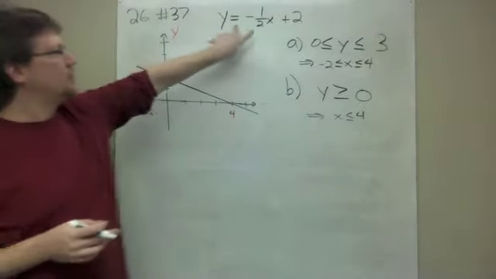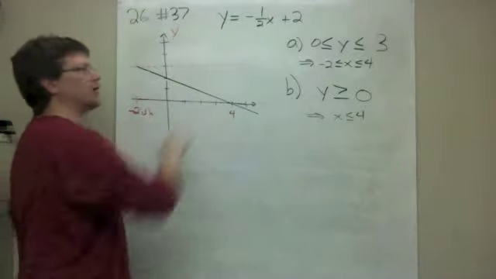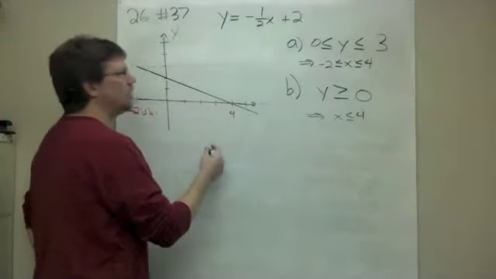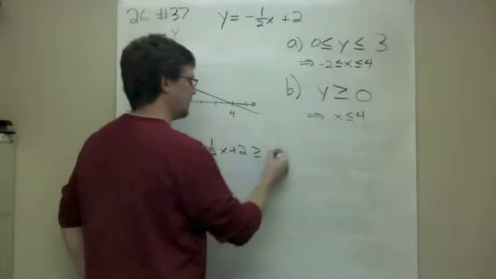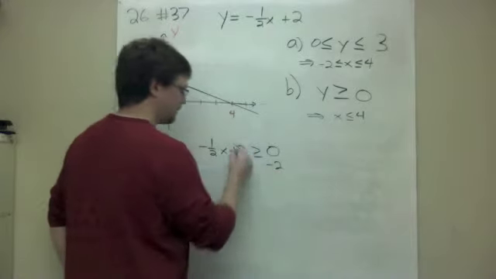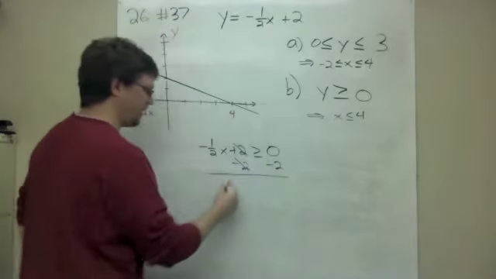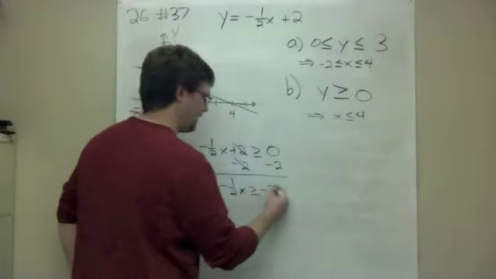Well, let's do the algebra. We've actually already done this. It was part of our original equation. So -1/2 x plus 2 is greater than or equal to 0. I subtract 2 from both sides. Subtraction doesn't change my inequality any.